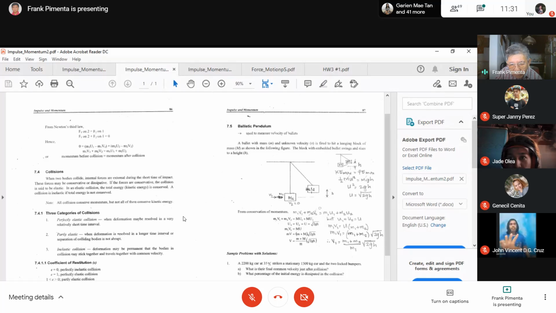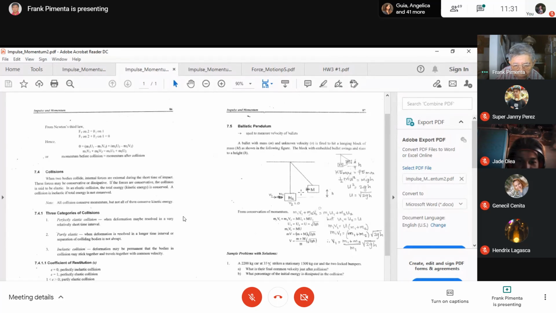So m1 plus m2, we can put as capital M. Also, the final velocity of the bullet is u sub 1, and the final velocity of the block is u sub 2.